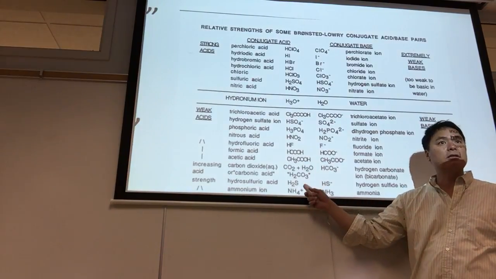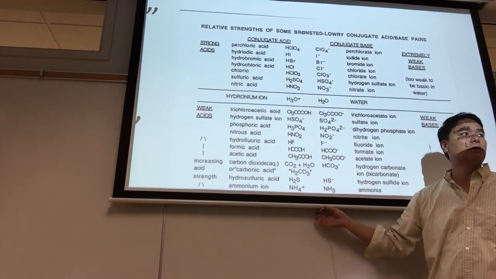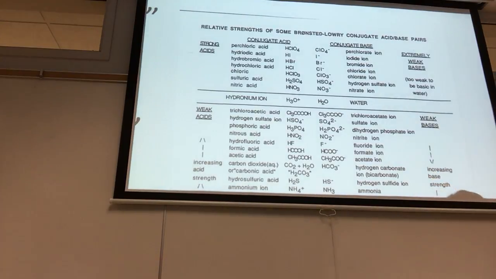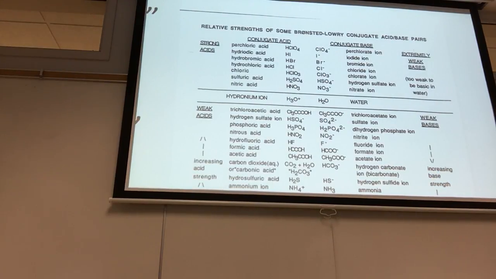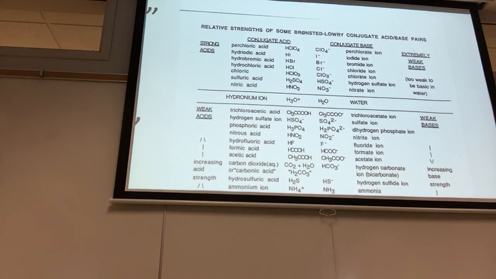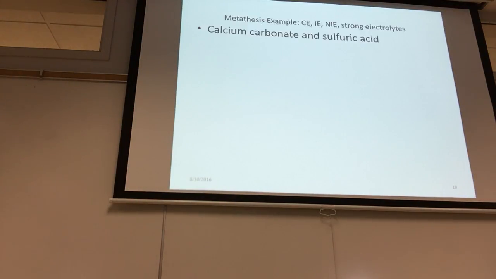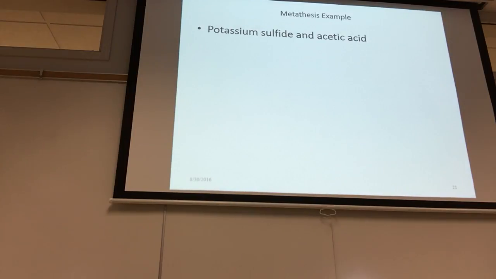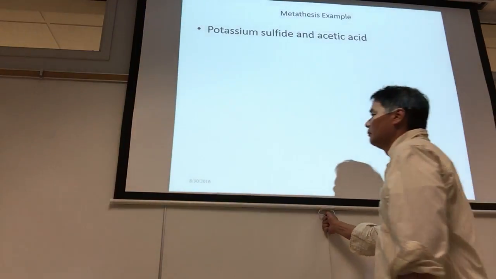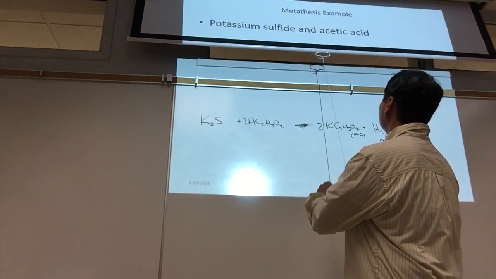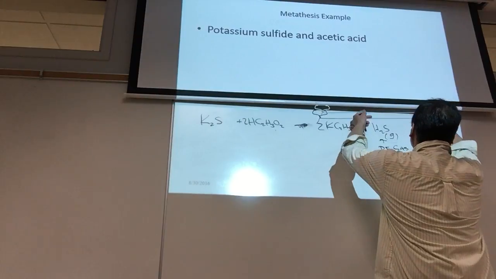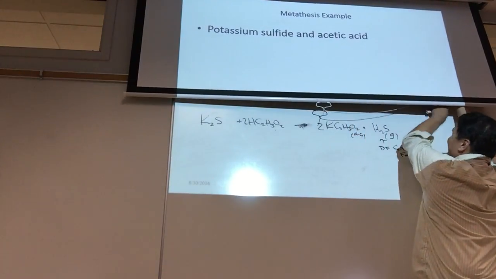There's no leveling effect here, so we don't have to worry about that. Acetic acid is stronger. So what does that mean? That means acetic acid produces more hydronium. H2S produces less hydronium in water. Do we care about that hydronium when we're doing these types of reactions? No. That wasn't hard, was it?